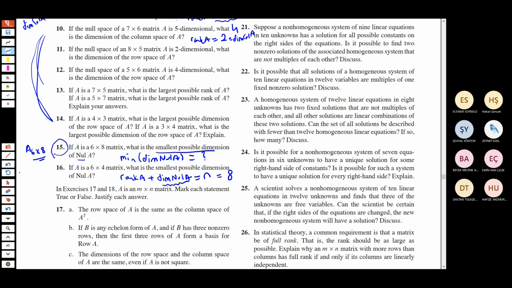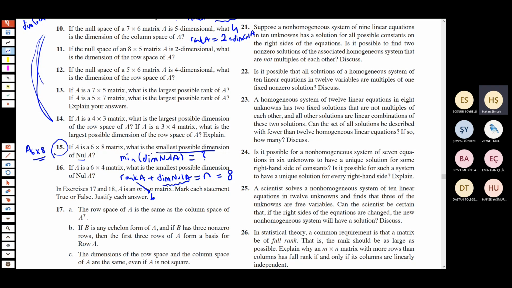6. Very good. Can you say the reason? Since we have 6 rows, there should be pivot positions, and considering that, we will receive 6 pivot positions.